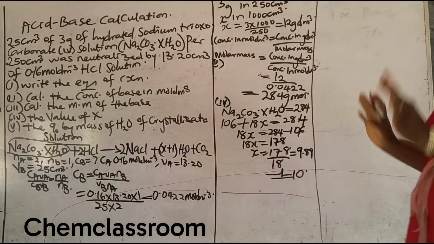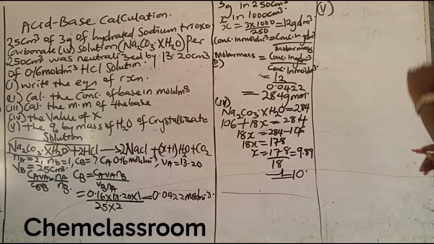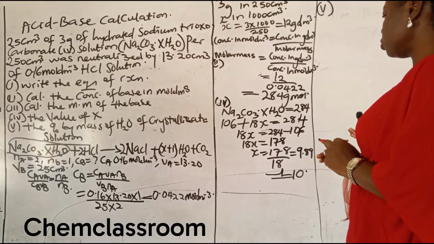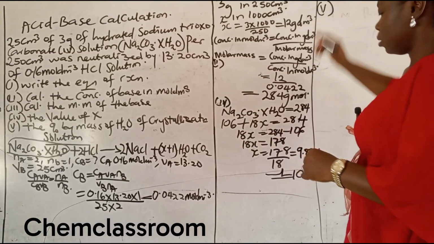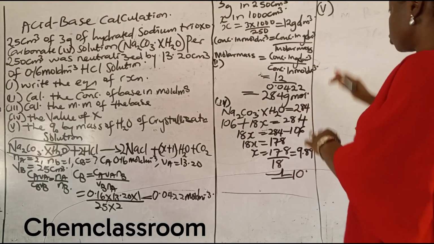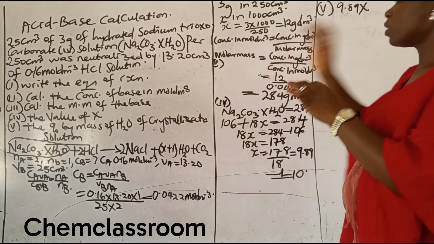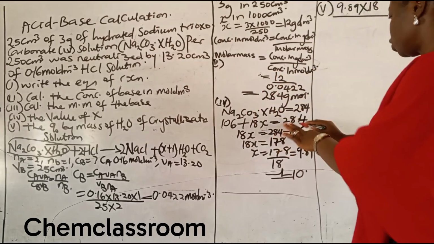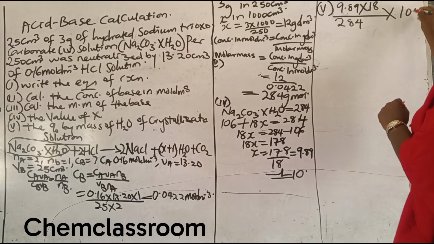Yes, we are almost rounding up now. So for the last question, the percentage by mass of the water of crystallization. Okay. Now coming to the percentage by mass of the water of crystallization, my x here is, although I approximated, but for the purpose of the solution, I will still use the 9.89 multiplied by water, which is 18, divided by the molar mass, which is 284, multiplied by 100.